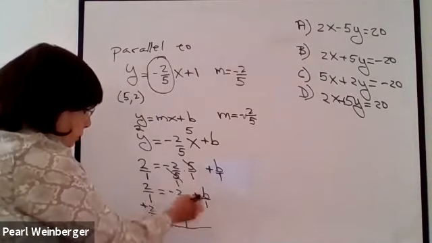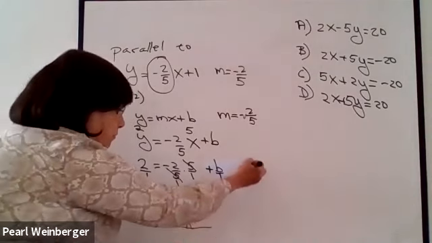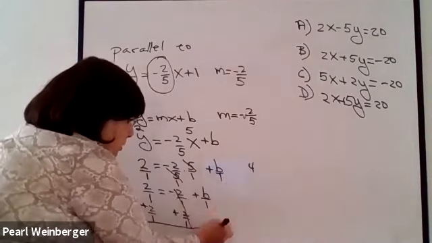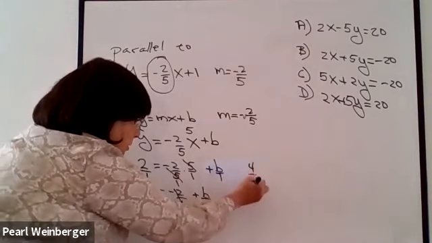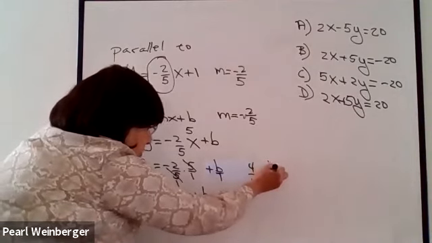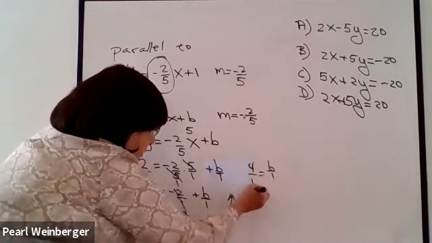Let's just move it over here. 4 over 1 equals b over 1, or more simply, b equals 4. So the hardest part usually is if there are fractions and you have to work out the fractions. But again, just do it simply. Again, you are entitled to use a calculator.